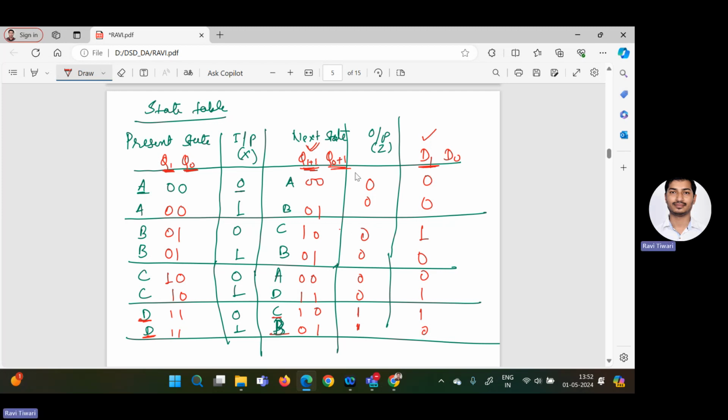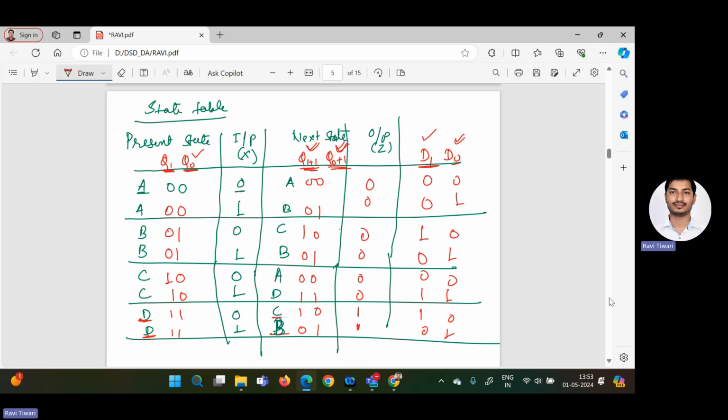Right? Similarly, what will be D0? D0 will be obtained after comparing Q0 and Q0 plus 1. By the excitation table, we know that whatever is your Q0 plus 1, it is similar to D0. So it will be 0, 1, 0, 1, 0, 1, 0, 1.